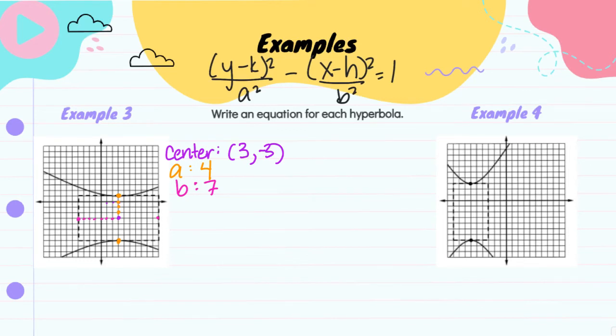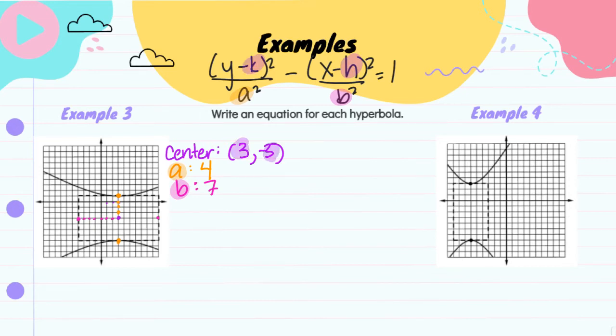So we need to replace a with a here. We need to replace b with b here. And then we need to replace h and k with the center h and k here.